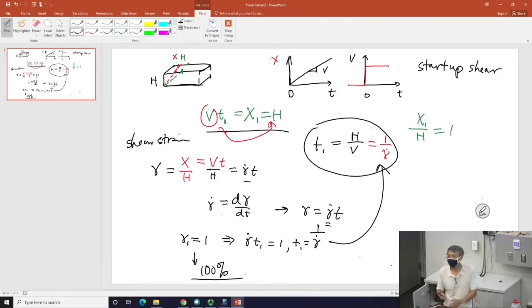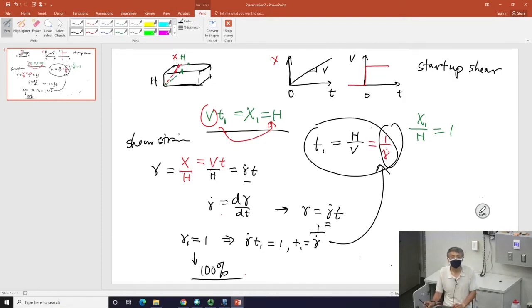And even though I'm not a chemical engineer, I'm a physicist, I know why: the reciprocal of shear rate is a time scale.